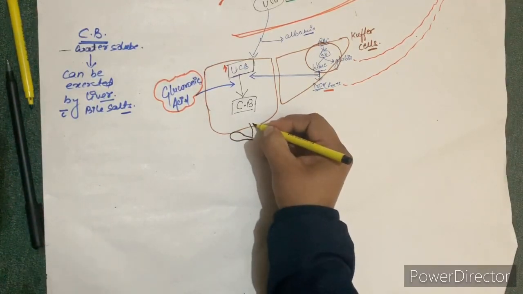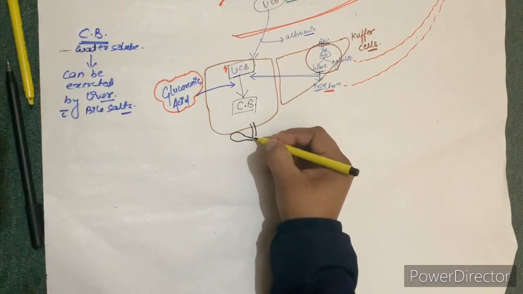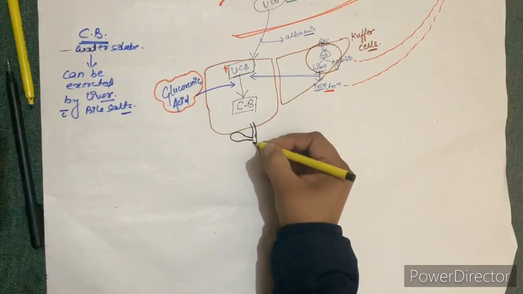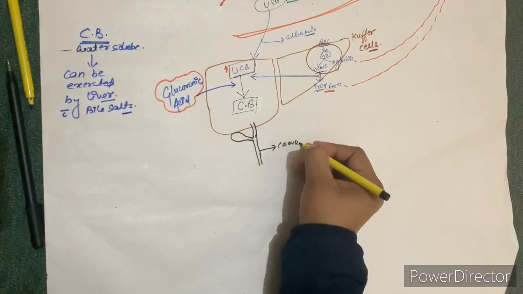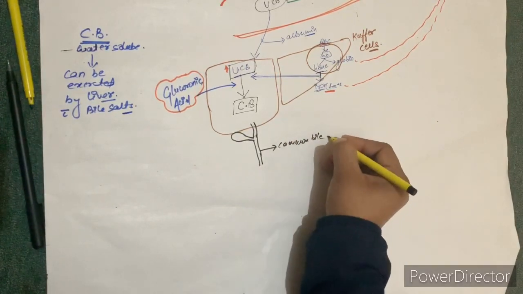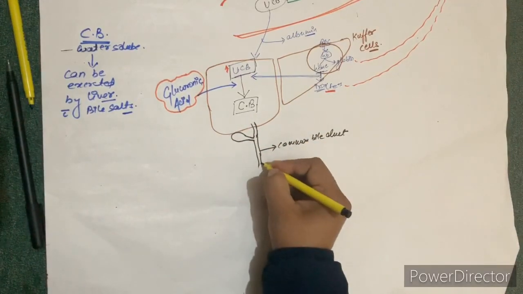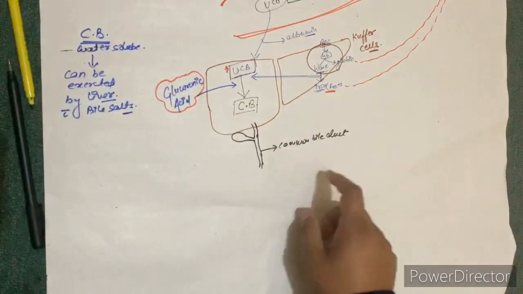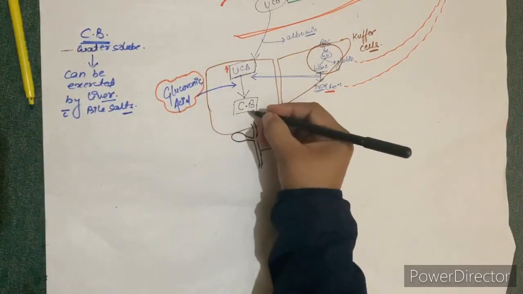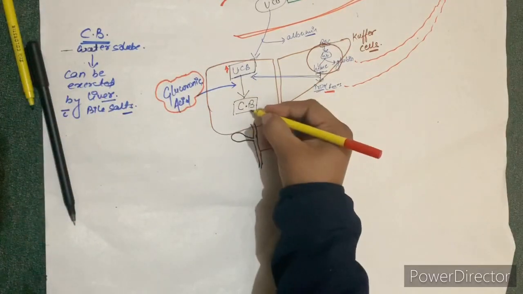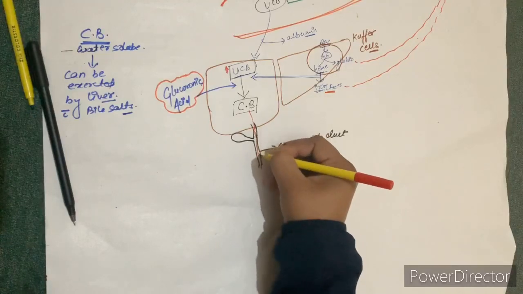This is the cystic duct, hepatic duct, and common bile duct, and the pancreatic duct also meets here. Then conjugated bilirubin goes into the common bile duct with the bile salts.